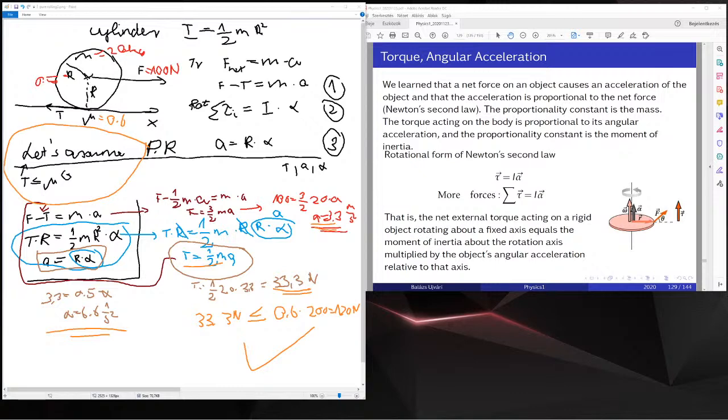So this is three equations, three unknowns plus one condition. You have to divide it at the end. So if you can solve it, you can be proud of yourself. Oh, I'm very happy.